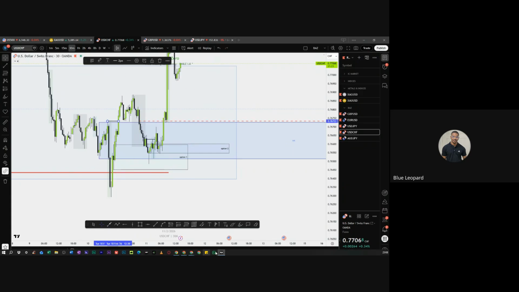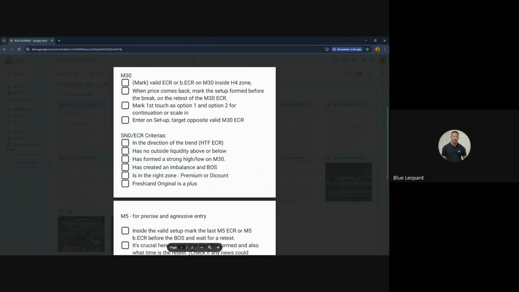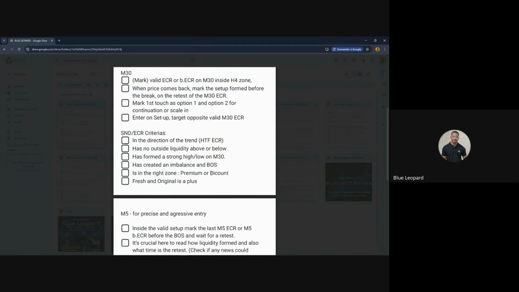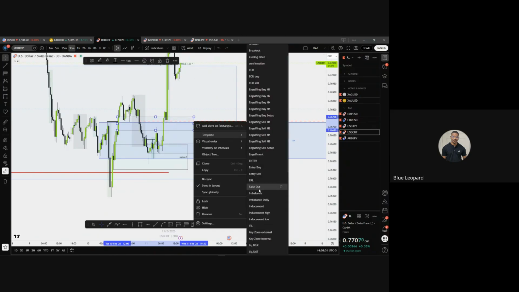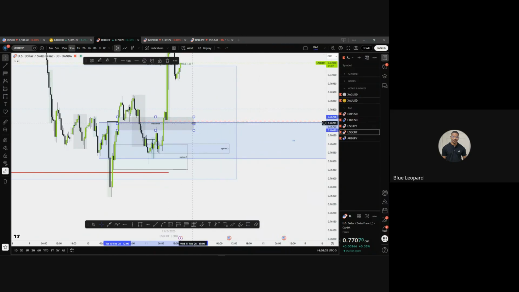So after that, it has created an imbalance and a break of structure. We already know we had a break of structure, and we also see that there's an imbalance here. The imbalance is validating our zone. Okay, even this one created an imbalance later.